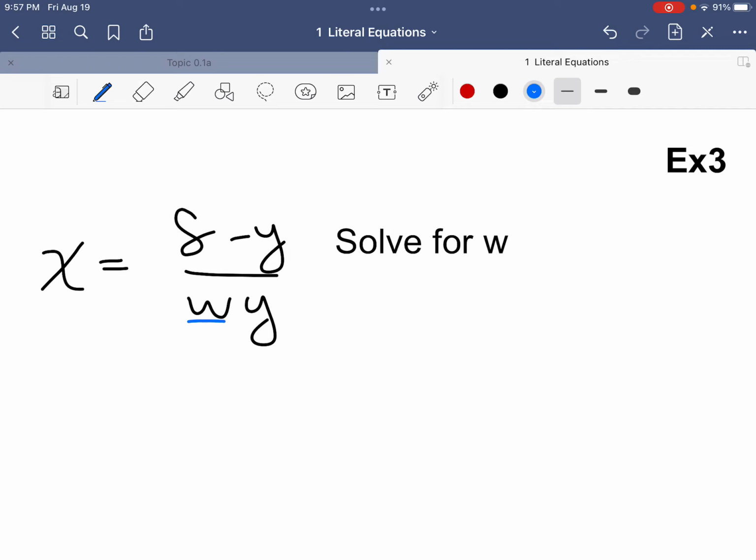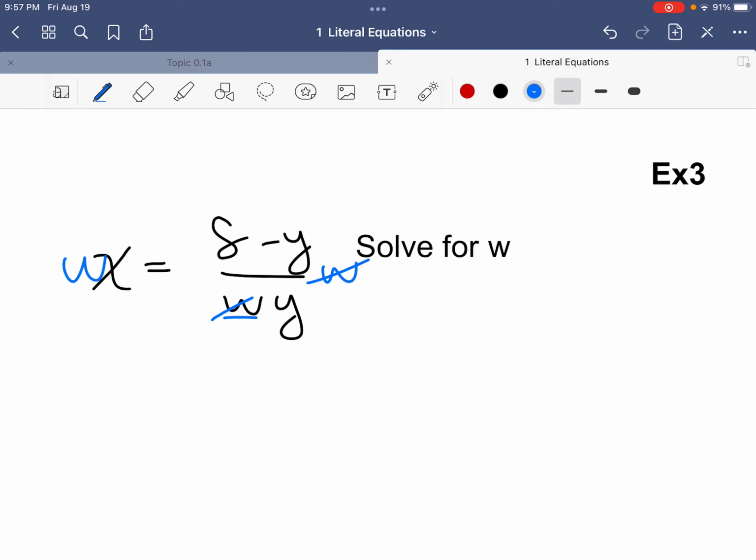Now remember, in the denominator, it's being divided. And so the inverse operation would be multiply it. Can I multiply both sides by W? Sure can. It's going to cancel on the one side, but more importantly, it's going to give us a result where the W is now out of the denominator.